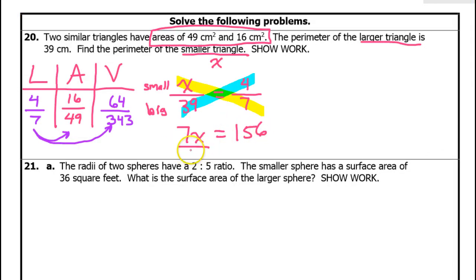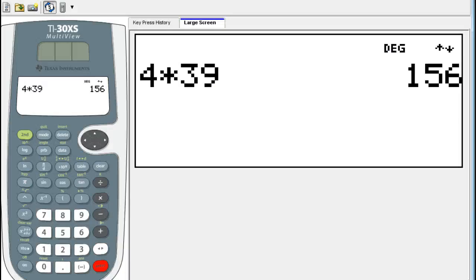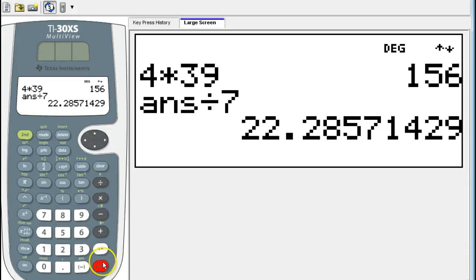Then if I divide both sides by 7, that should give us the final answer. Okay, so this is a decimal. I'm going to round this to 3 decimal places. 22.286.